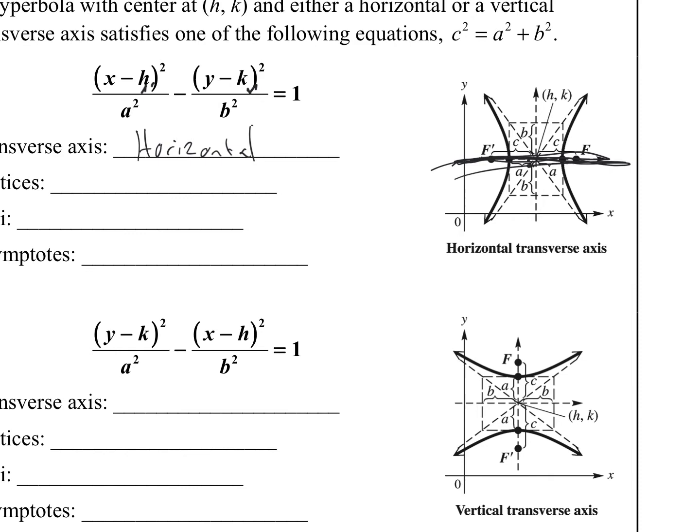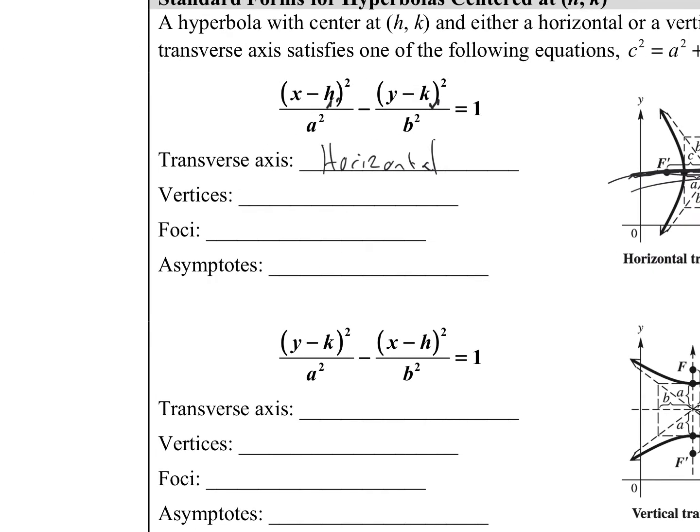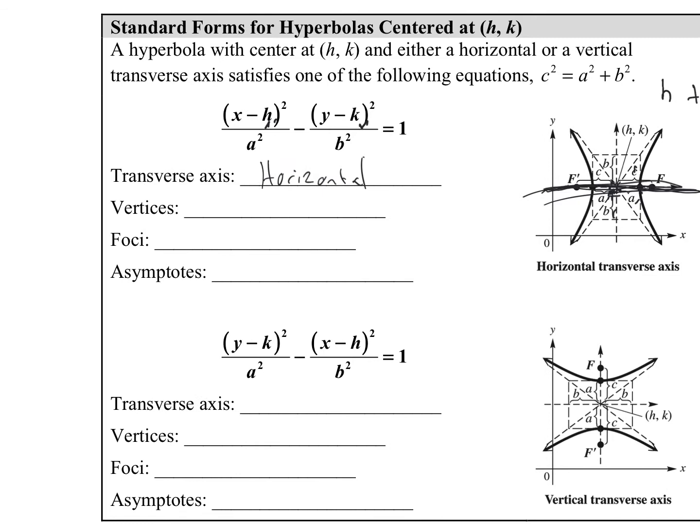Okay. Vertices. For this one here, you know I've got to go from the zero, which is the center. So that's H, K, just like it was in the other problem. So the center X value is H. Now I got to add to it A. H plus or minus A. How high do I go? Whatever K is. So the vertex for this one is H plus or minus A, comma K. Whatever K is, that's how high it goes.